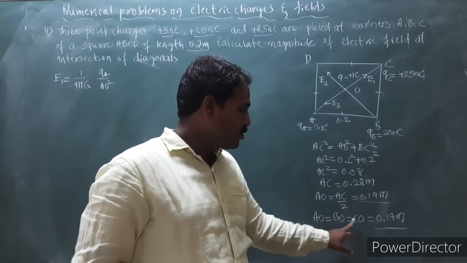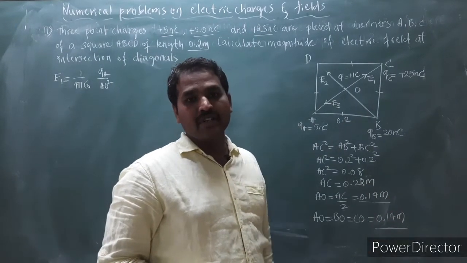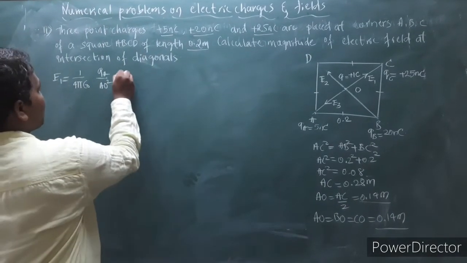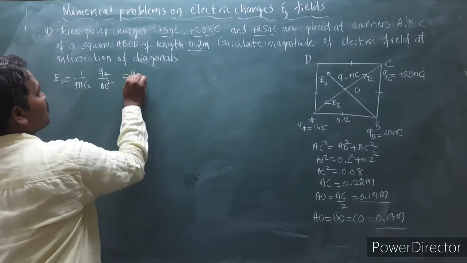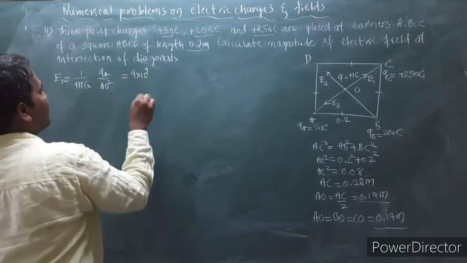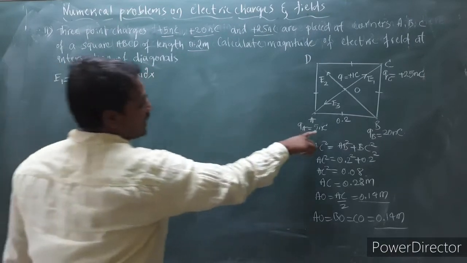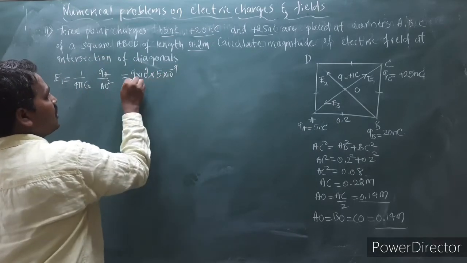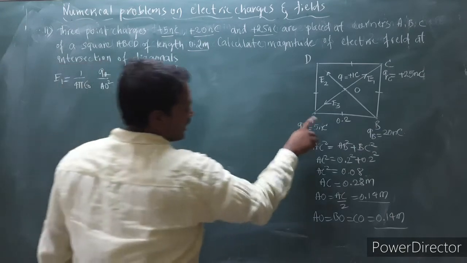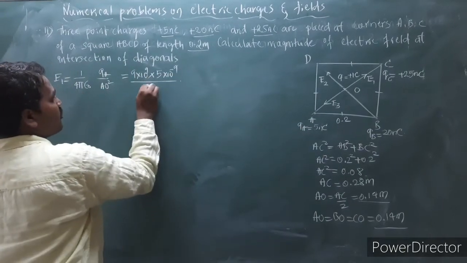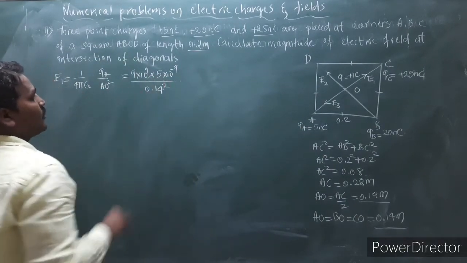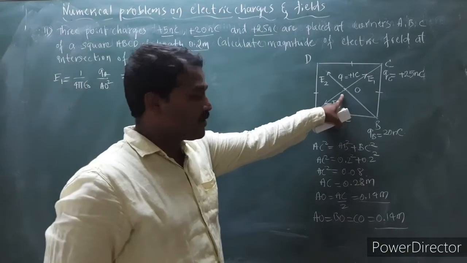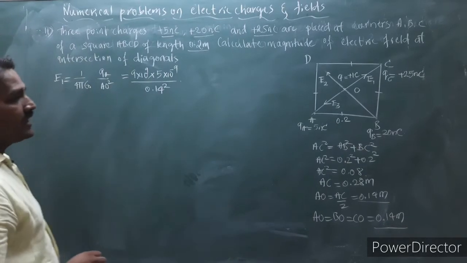So 1 by 4 pi epsilon naught is 9 into 10 to the power of 9, into QA, which is 5 into 10 to the power of minus 9, divided by AO square, that is 0.14 square. This gives the magnitude of electric field at point O because of charge A.